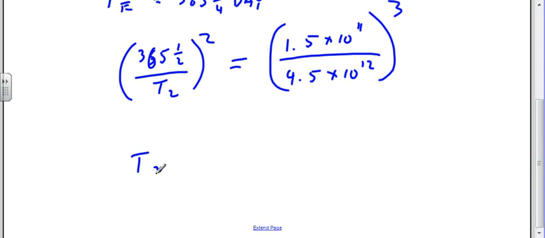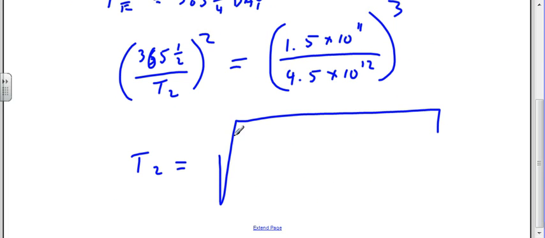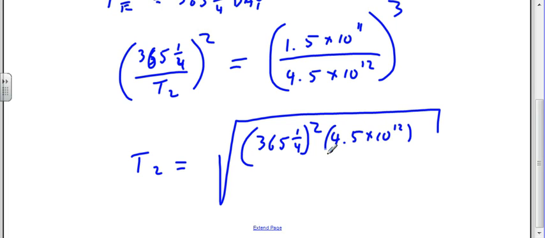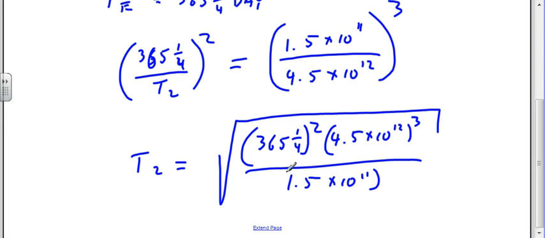So T2 is the square root of 365.25 squared times 4.5 times 10 to the 12th cubed divided by 1.5 times 10 to the 11th cubed.